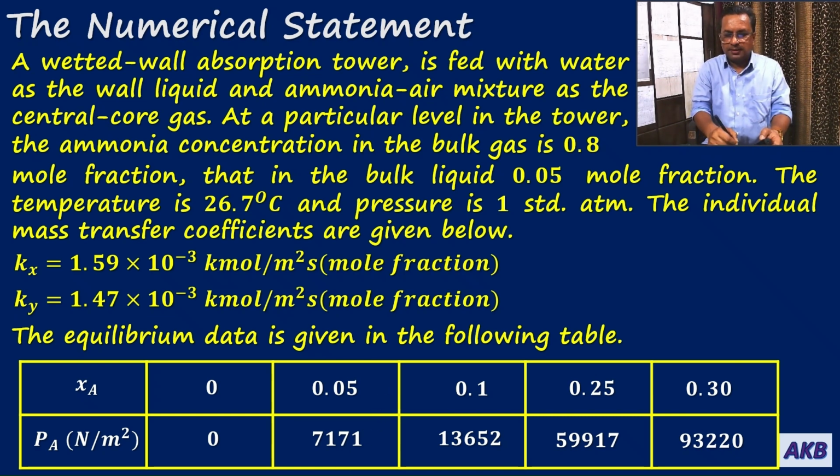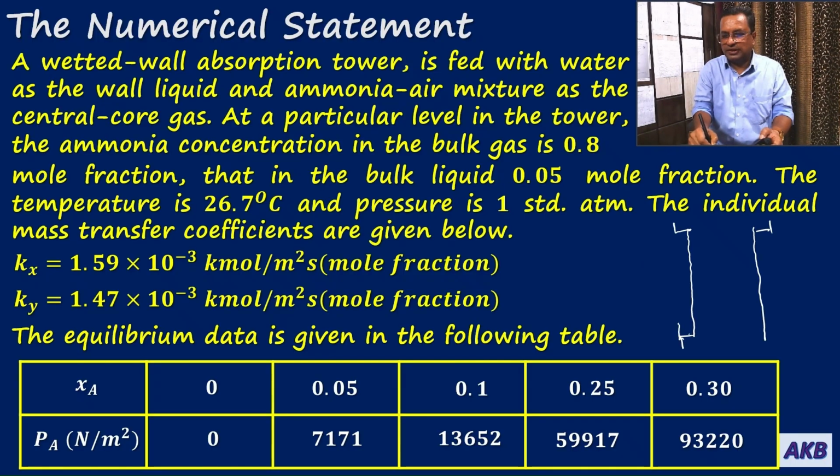In this case, the problem is absorption of ammonia from the ammonia-air mixture, and this is carried out in a wetted wall column. I'll just try to show you the operation.